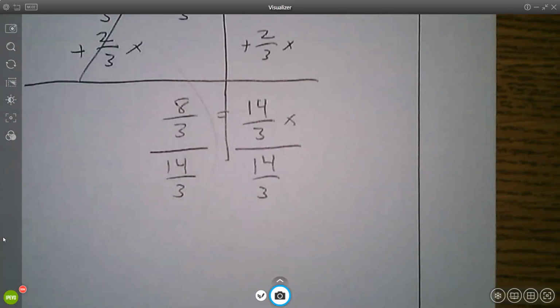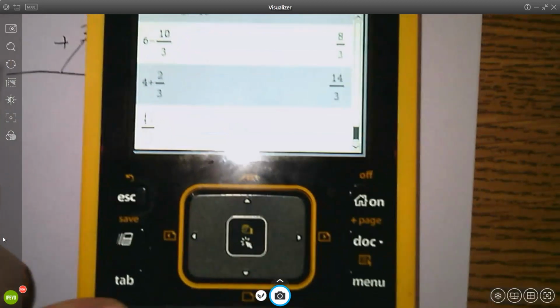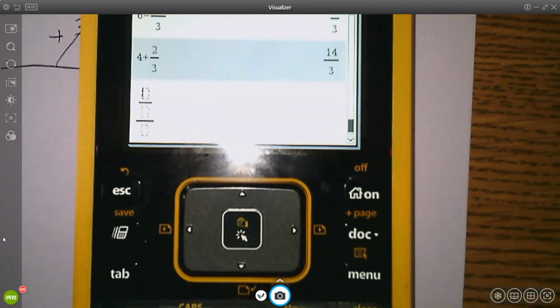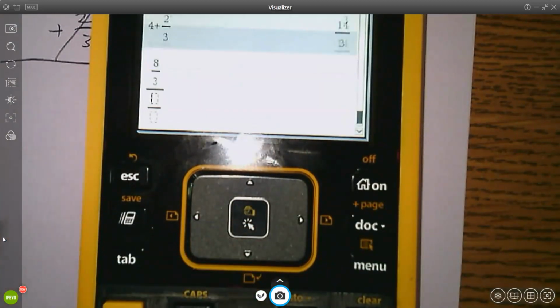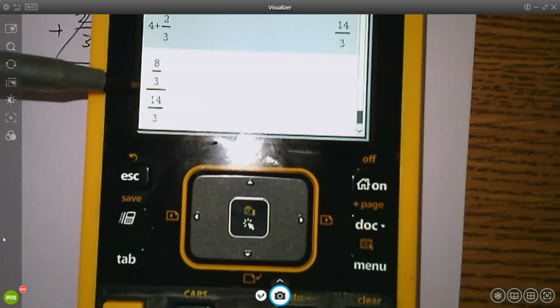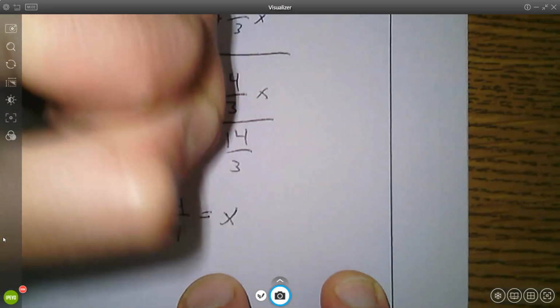You just got to be careful plugging this in the calculator. So we're going to do control divide. In the numerator, you need another fraction, so control divide. 8/3. In the denominator, we need another fraction, 14/3. You can see how this division sign is a little bit wider. So you get 4/7. So x is equal to 4/7.